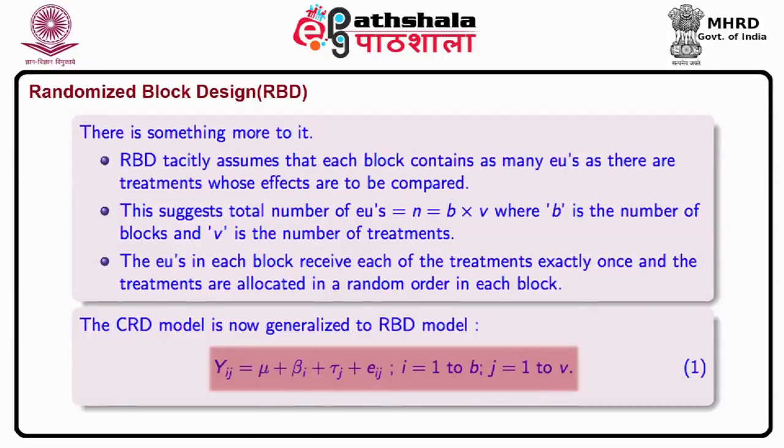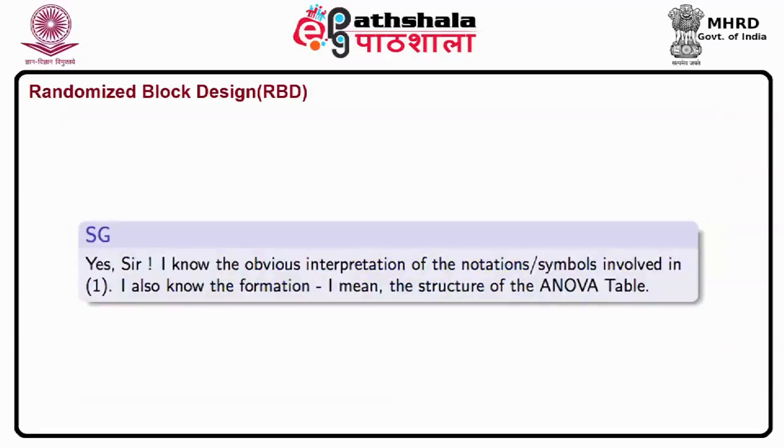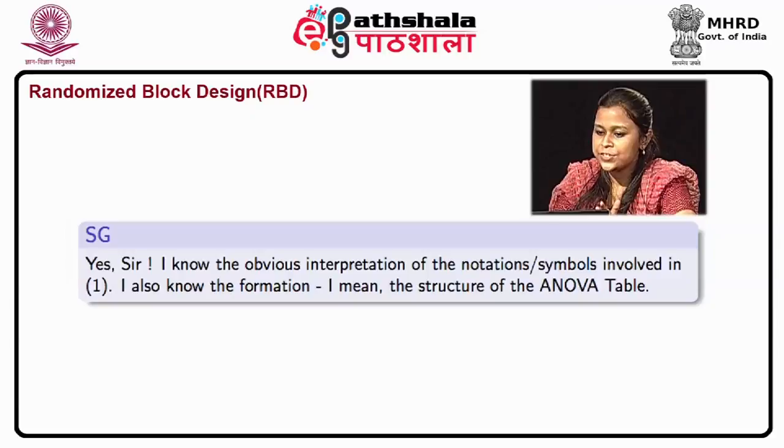It's a single combination, therefore we get only one observation for this combination. Mu is the general effect. Beta_i is the excess effect of block i in addition to mu. Tau_j is the excess effect of treatment j in addition to mu, and e_ij is the usual error component.